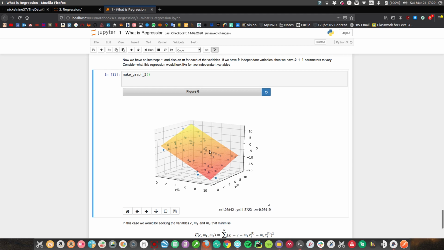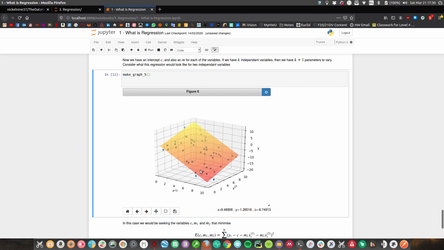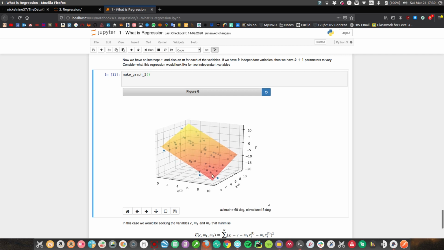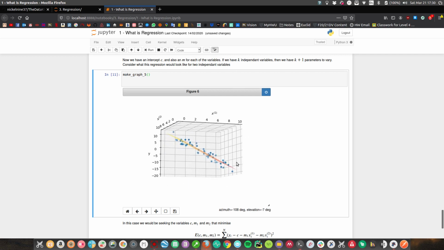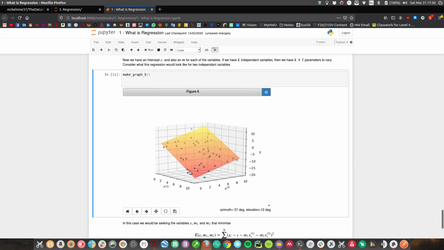And then the task becomes not to find a line that fits this data best, but to find a plane that fits this data best. You could think of it like holding up a piece of paper, and how best do we orient that in space to minimize the distance to all of these points. So that would be the idea there.